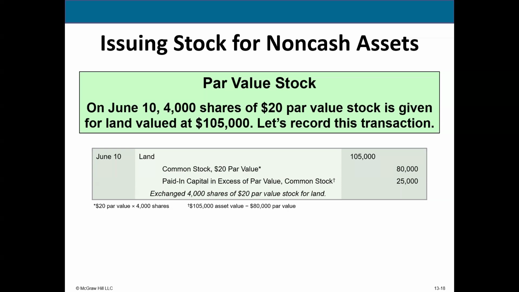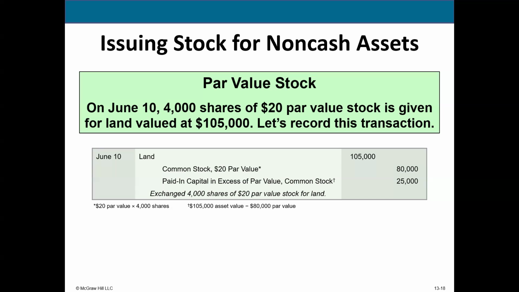Hey, listen, instead of paying you 105,000, instead I will be happy to issue you 4,000 shares of stock. That'll be the exchange. I'll give you 4,000 shares of stock instead of paying you the 105,000 for the land.